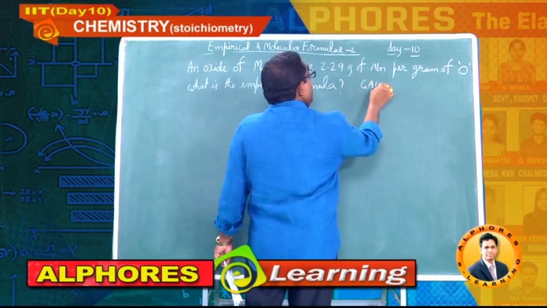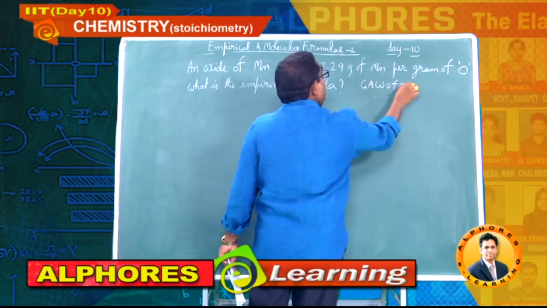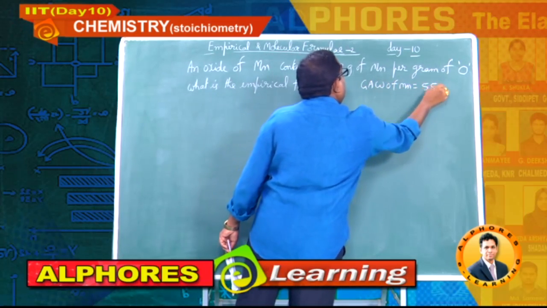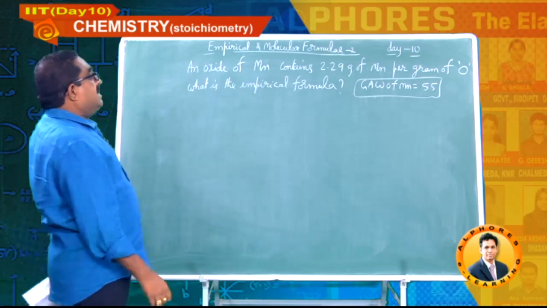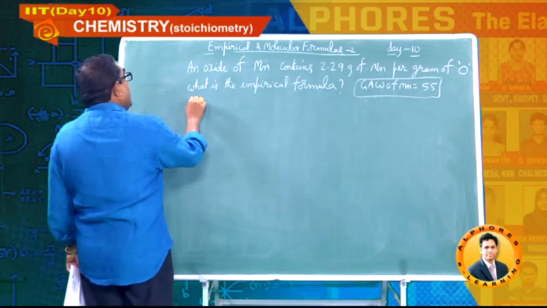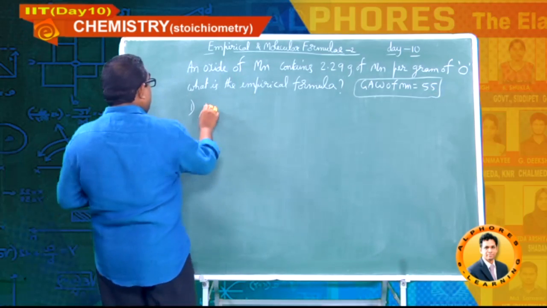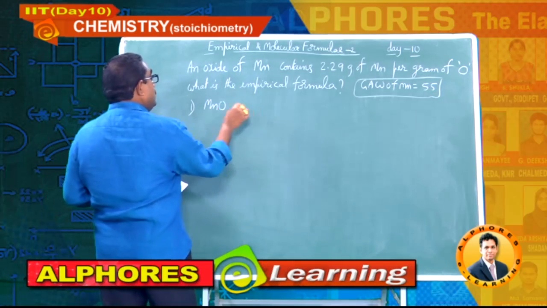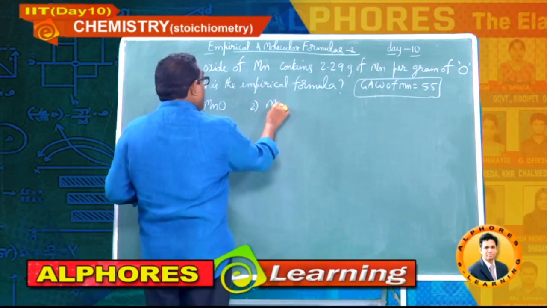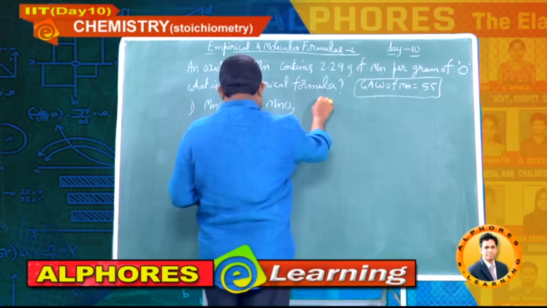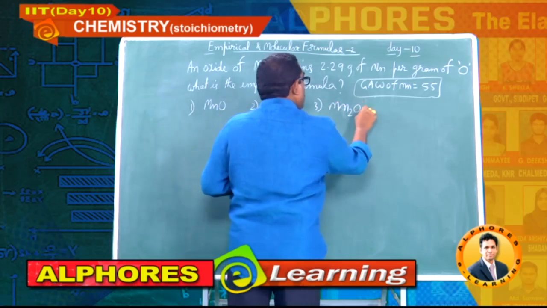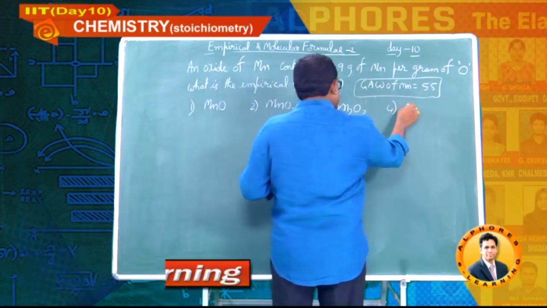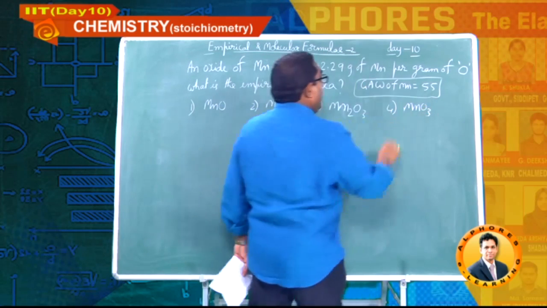Given, I am giving the atomic weight of manganese is equal to 55. Okay, and I am also giving the options here: MnO, MnO2, Mn2O3, MnO3.